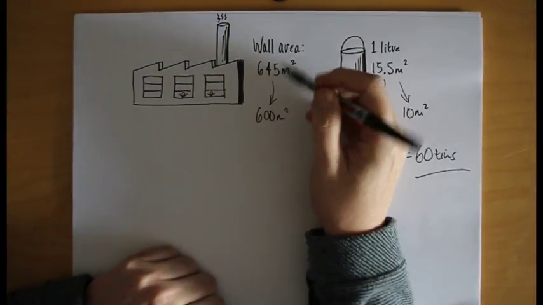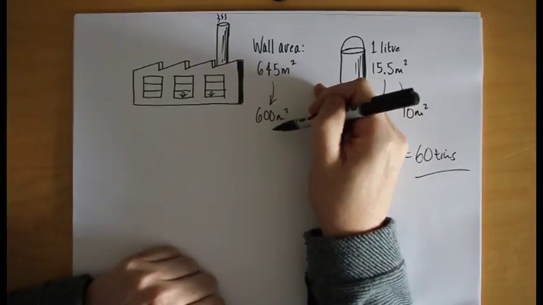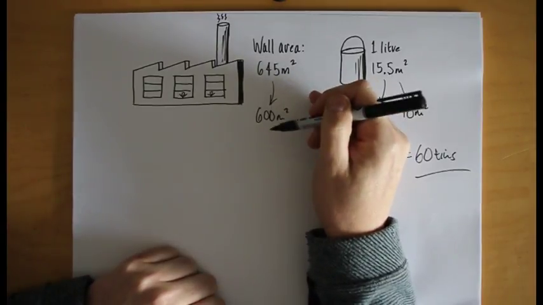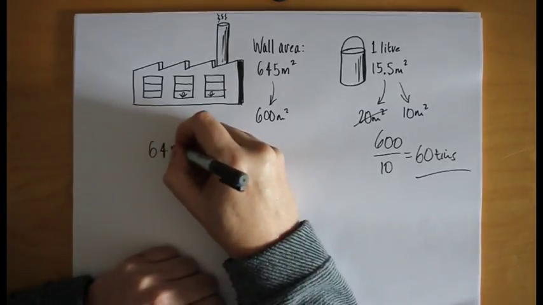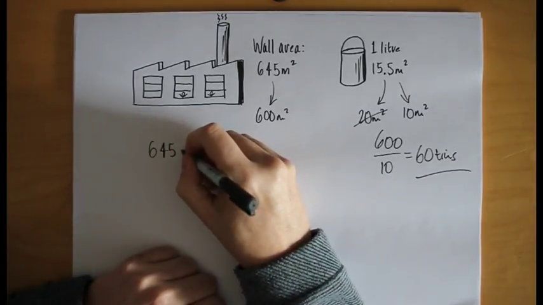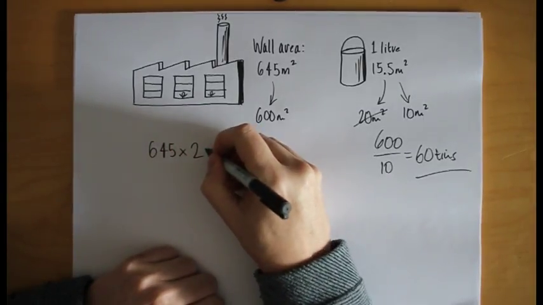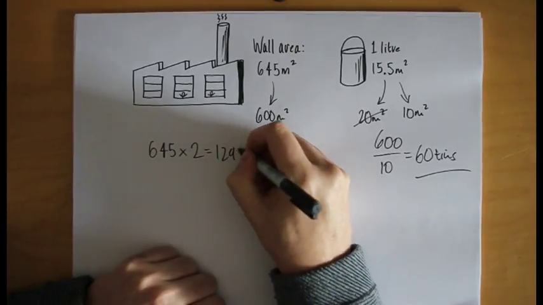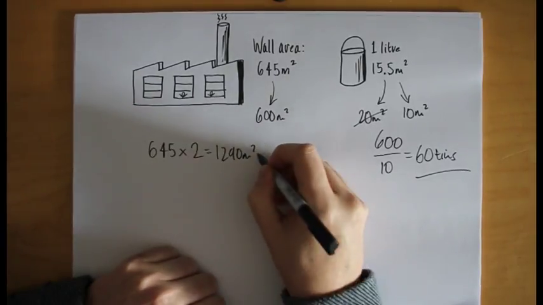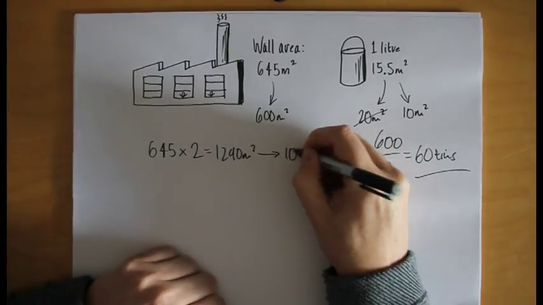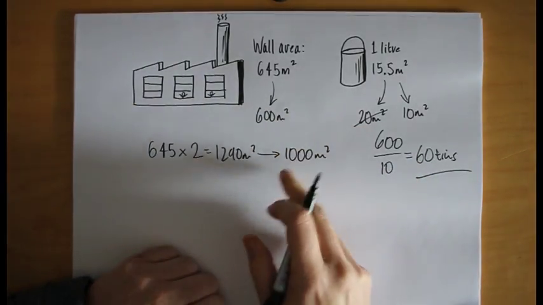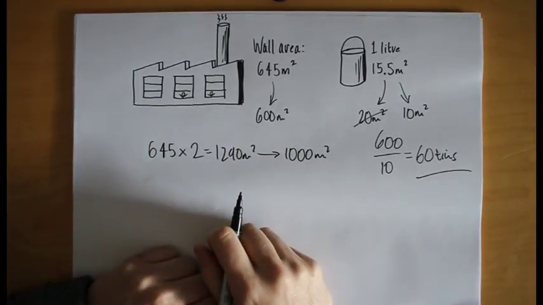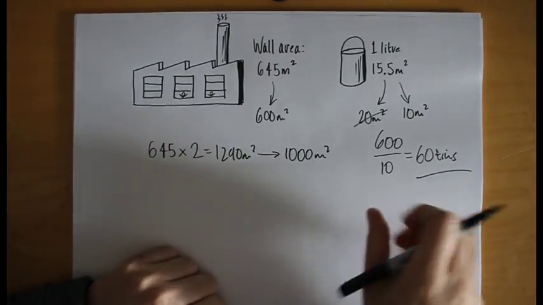Now as it happens in this case, if we used either figure we would end up with the same answer, but it's better practice to start with this one, and so I'd suggest doing 645 times 2 coats gives us 1290 square meters, and then this rounds down to 1000 square meters.